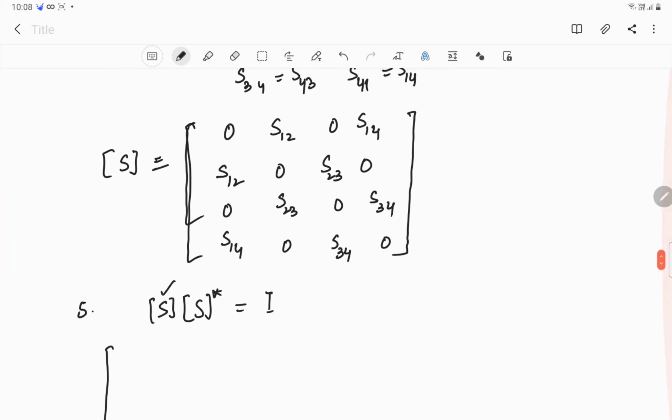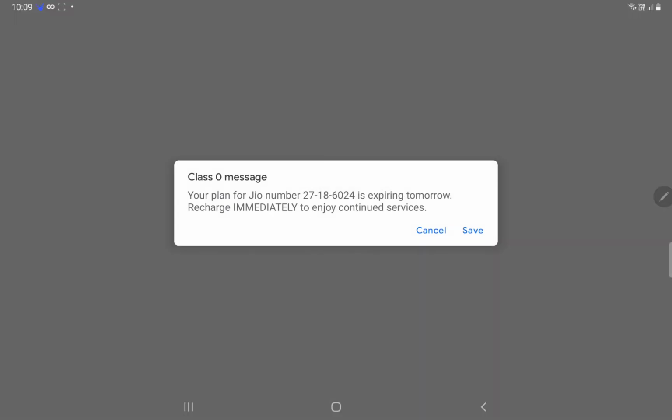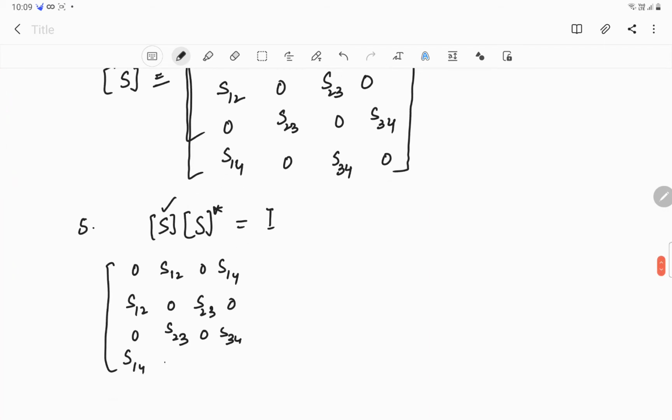So our S is 0 S12 0 S14; S12 0 S23 0; 0 S23 0 S34; S14 0 S34 and then a 0.